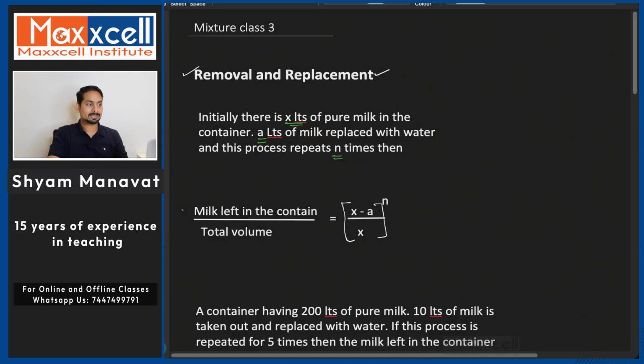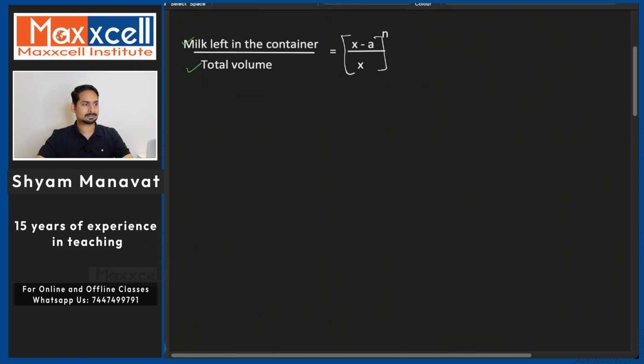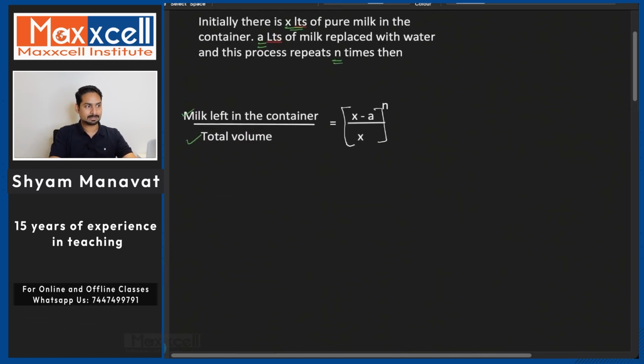Then the milk left in the container divided by the total volume, which will again be X itself, because if you are replacing the same quantity, the total volume will not change, is equal to (X minus A) divided by X, to the power n. I hope you are clear with what is X, what is A and what is n.